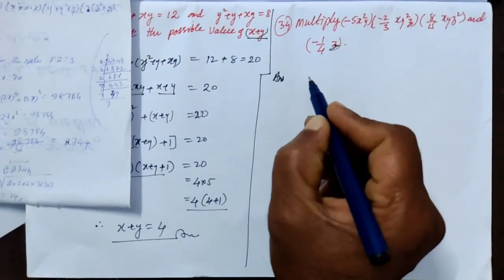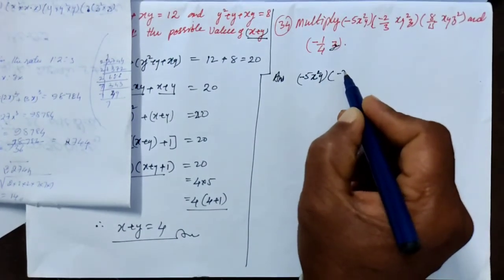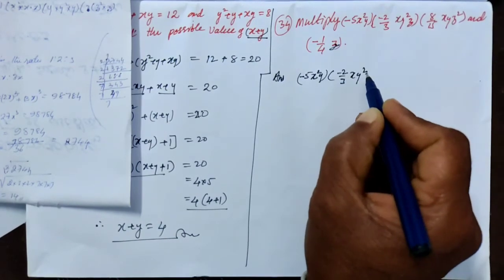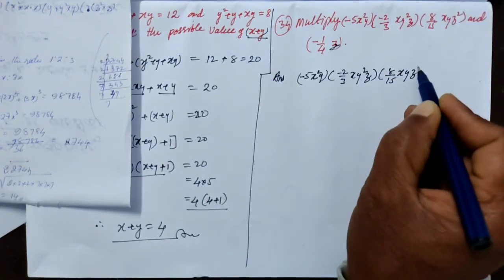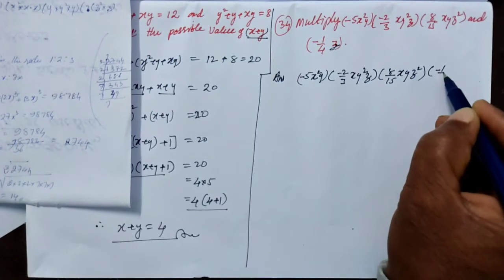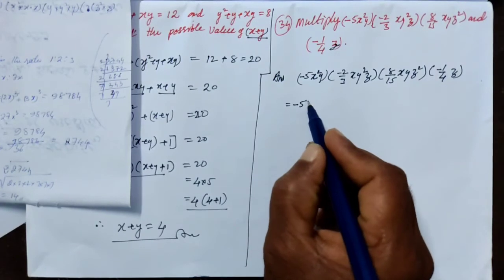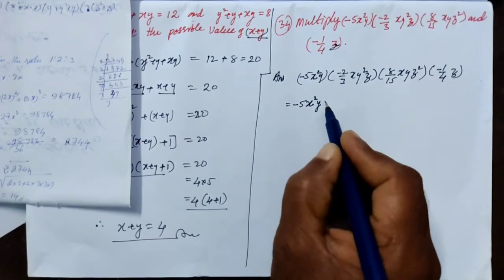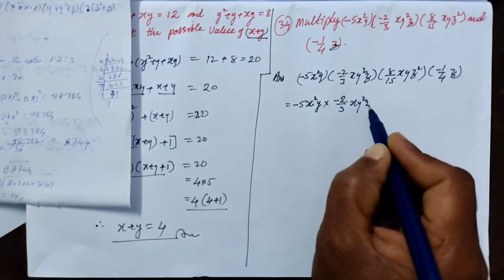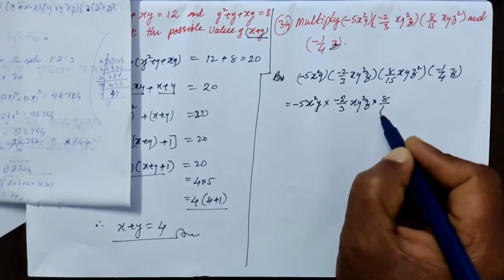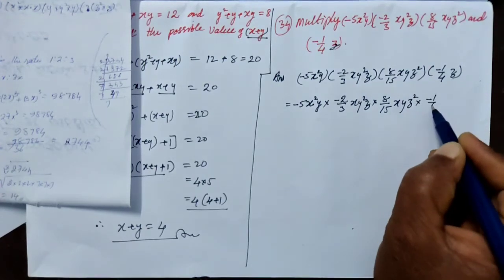Answer: minus 5 x square y into minus 2 by 3 x y square z into 8 by 15 x y z square into minus 1 by 4 z. Now minus 5 x square y into minus 2 by 3 x y square z into 8 by 15 x y z square into 1 by 4 z.